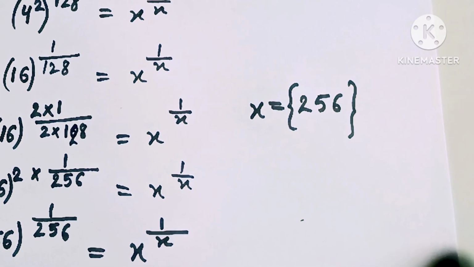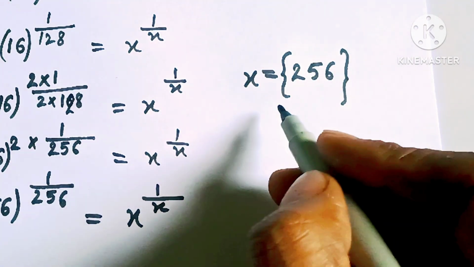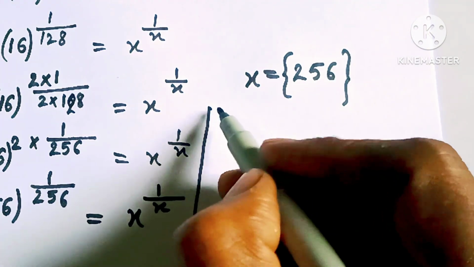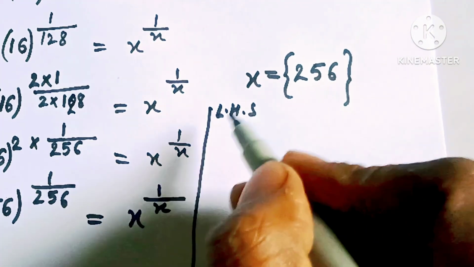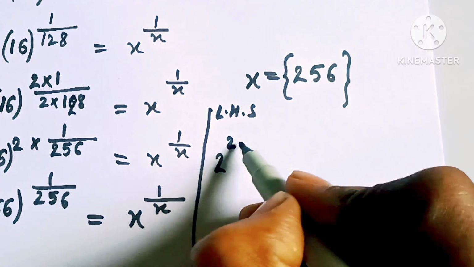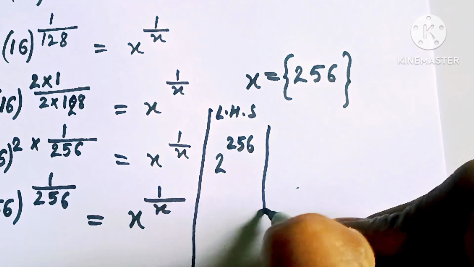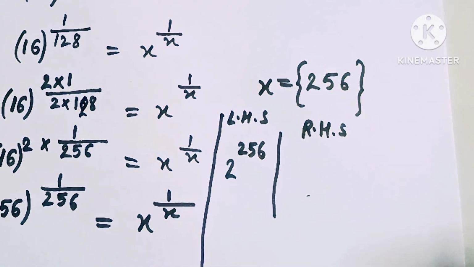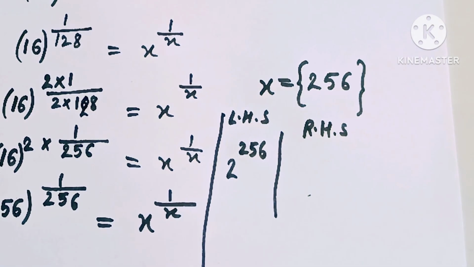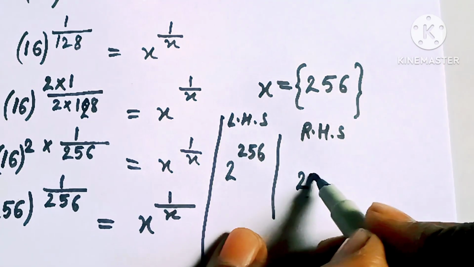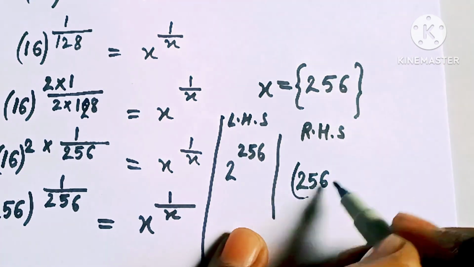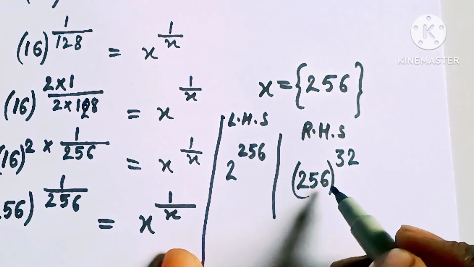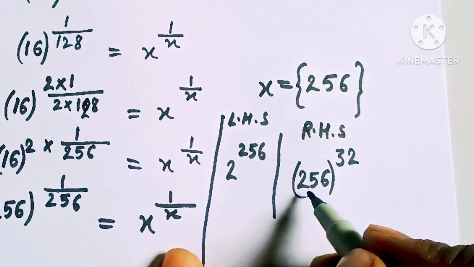Let's check whether it is correct or not. We have the LHS term and the RHS term. On the LHS we have 2 to the power x, so 2 to the power 256. Now on the RHS we have 32 as the power of x, so 256 to the power 32.